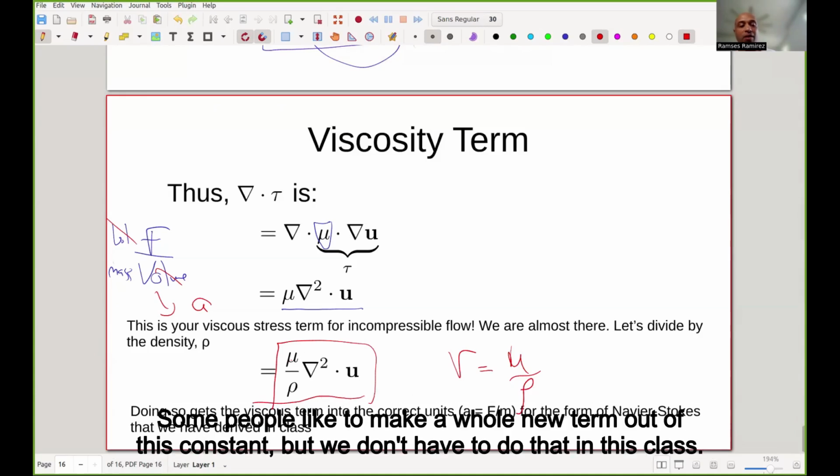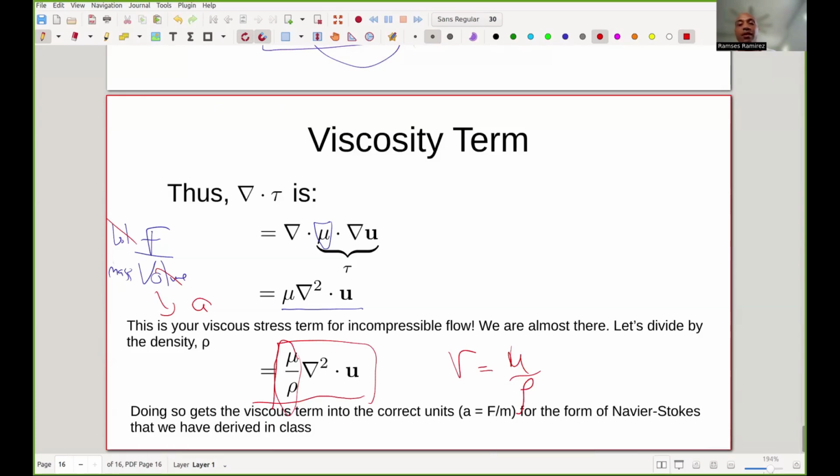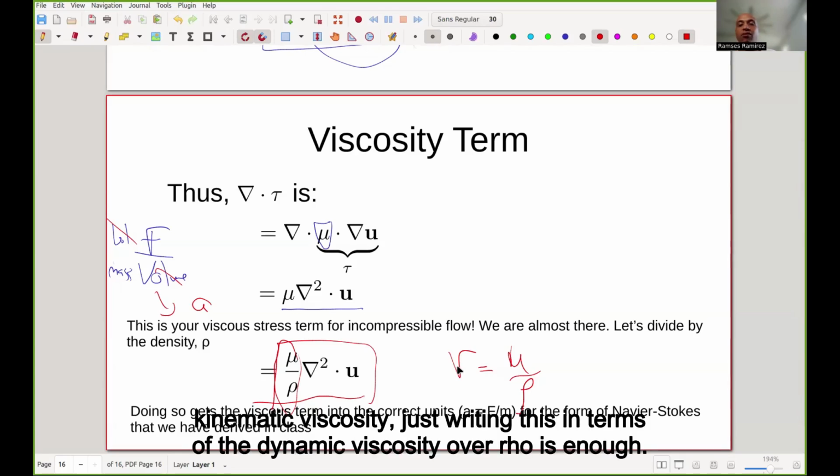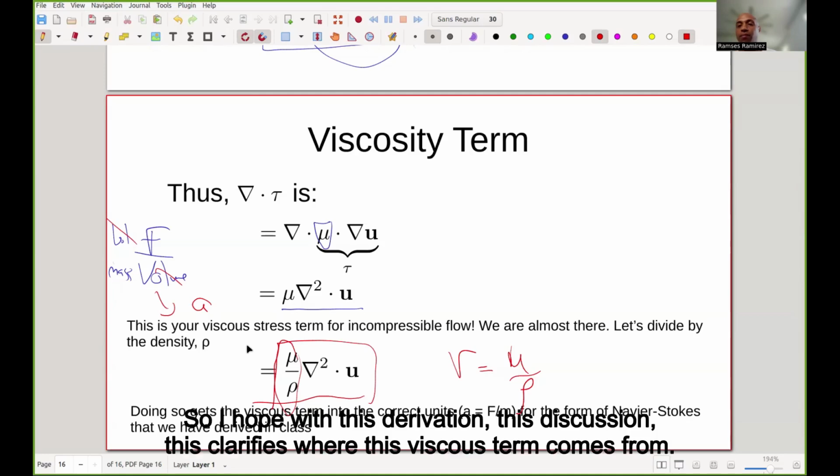Some people like to make a whole new term out of this constant, but we don't have to do that in this class. We don't have any need of using nu or the kinematic viscosity. Just writing this in terms of the dynamic viscosity over rho is enough. So I hope with this derivation, this discussion, this clarifies where this viscous term comes from.